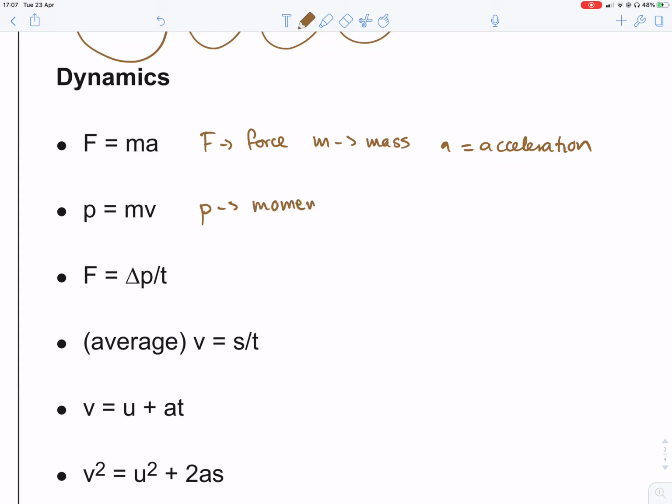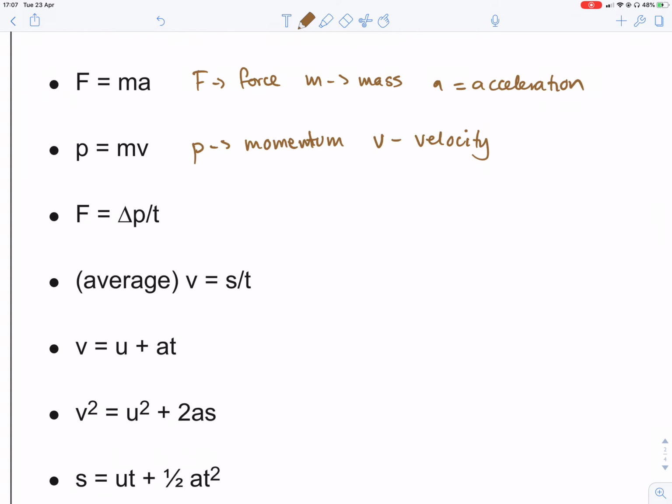So momentum is mass times velocity. V is the velocity or speed in a certain direction. And then we have F equals delta P over T, and delta P is just the change in momentum.